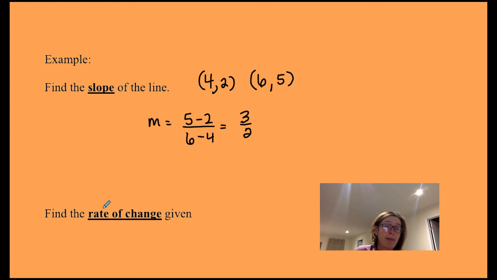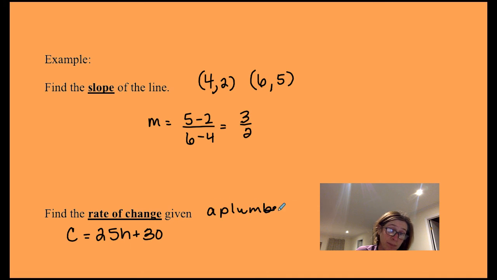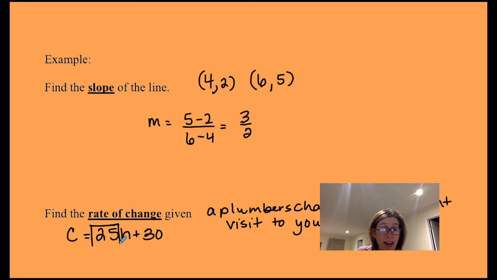Whereas rate of change, I might say something like this. This equation, C equals 25H plus 30, represents a plumber's charge for a recent visit to your house. So the slope you would like to say is 25, but as a rate of change, it would be 25 over 1. 1 would be whatever h is.